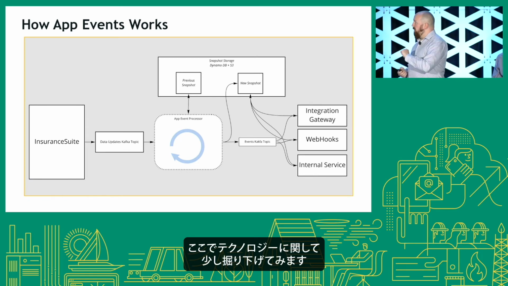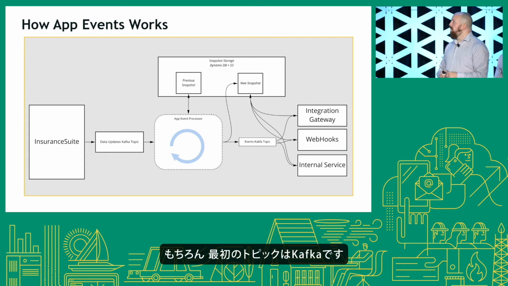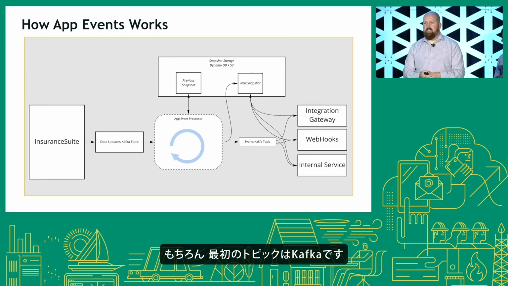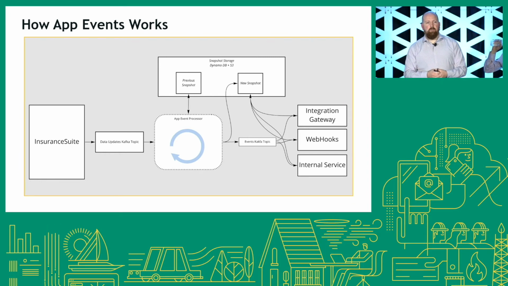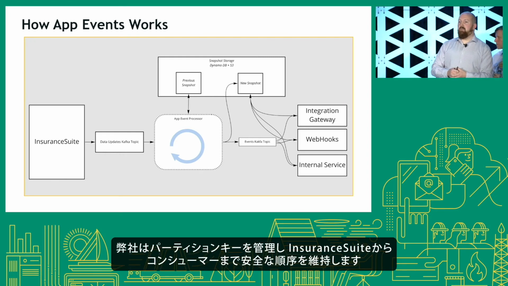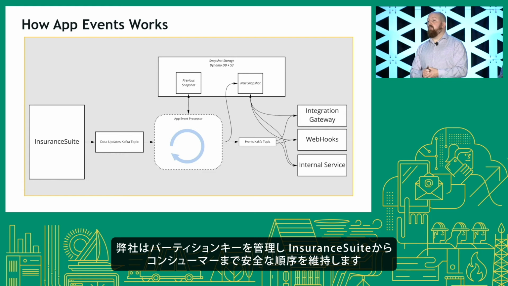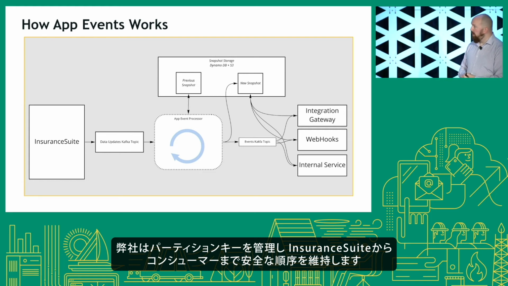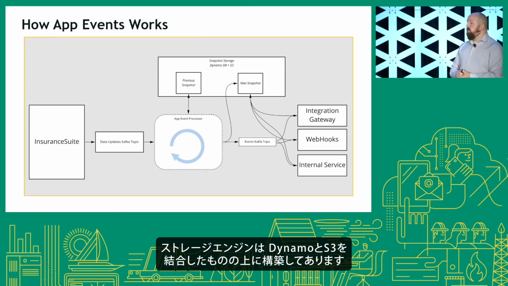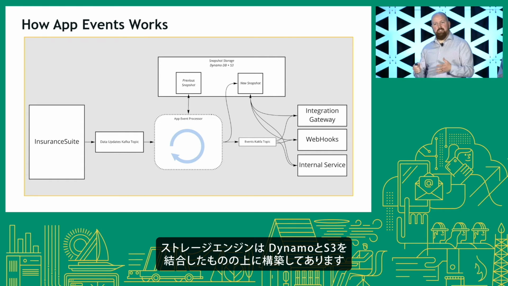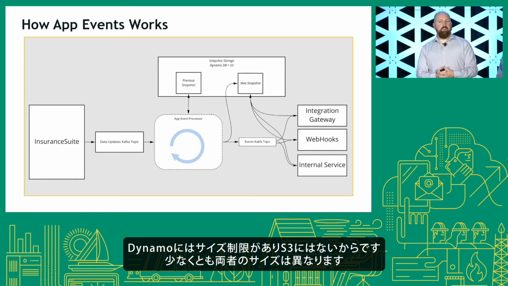To dive a little deeper on tech again, of course, I mentioned the first topic is Kafka. The second one is as well. We maintain partition keys, again, maintaining that safe ordering from InsuranceSuite all the way to the consumer. The storage engine we've built on top of the combination of Dynamo and S3. We've done this because Dynamo has size limits and S3 does not, at least not similar size.